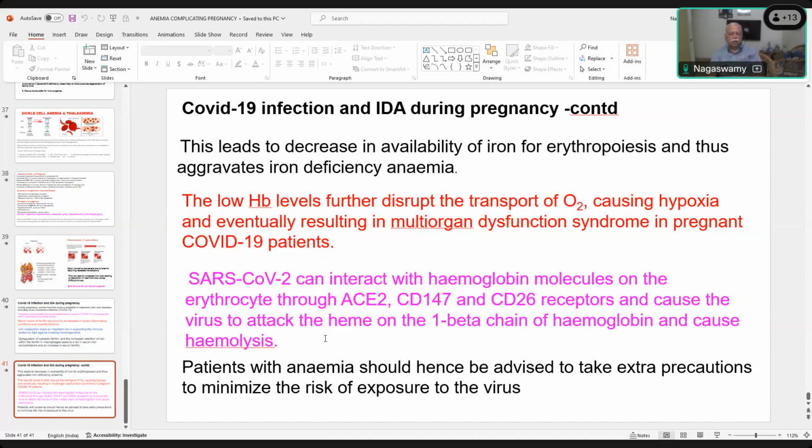That is one word that is not very frequently taught to students. So remember that hypoxia inducible factor is one. And you must know what is the importance of iron for other functions in the body.